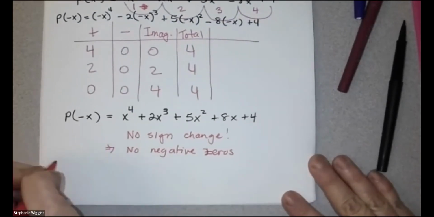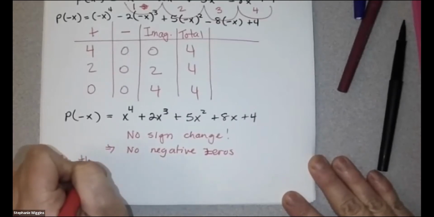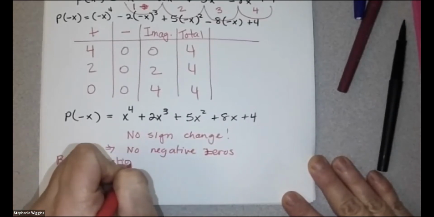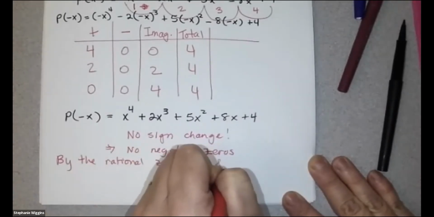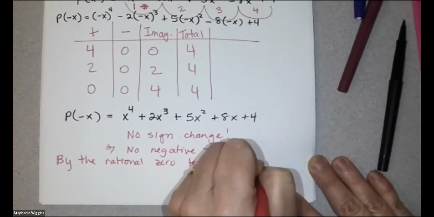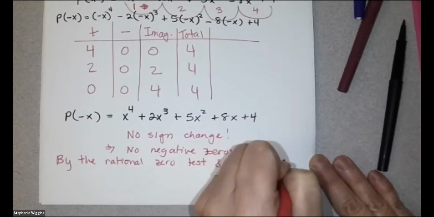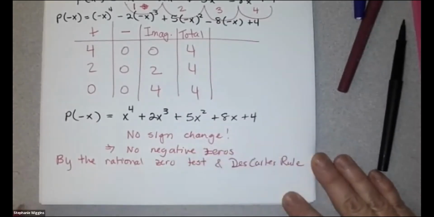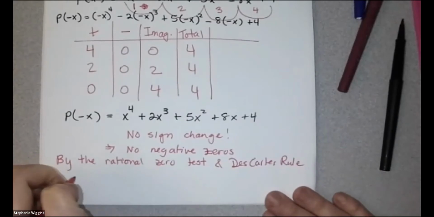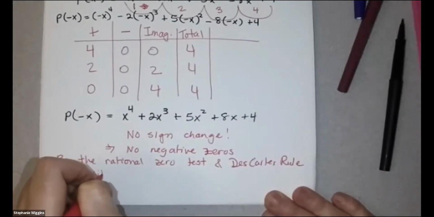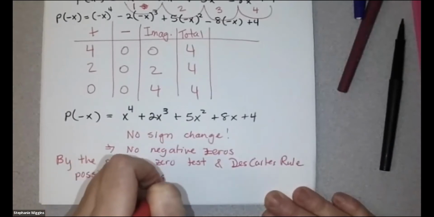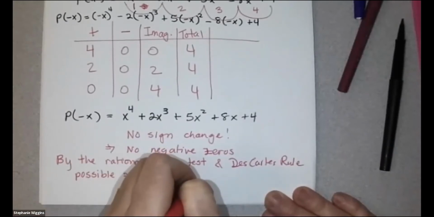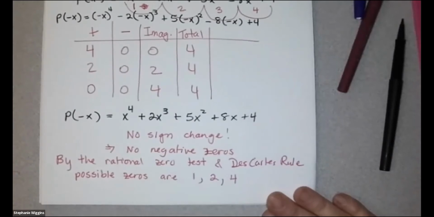So by the rational zero test and Descartes' rule of signs, I know the possibilities have been narrowed down to just 1, 2, and 4.